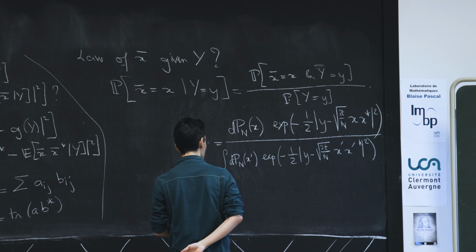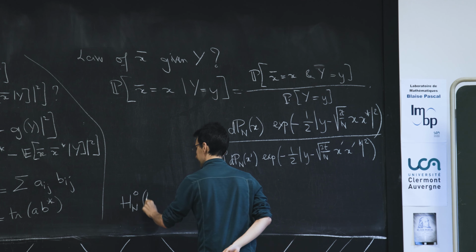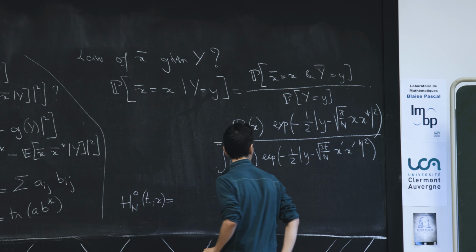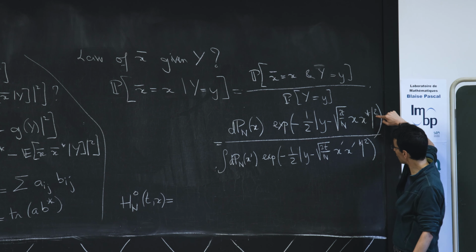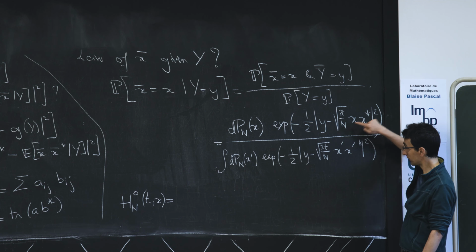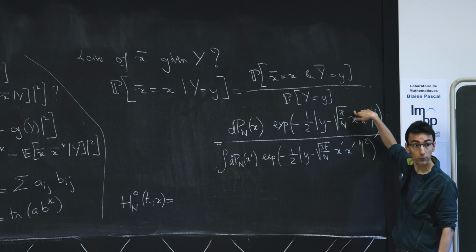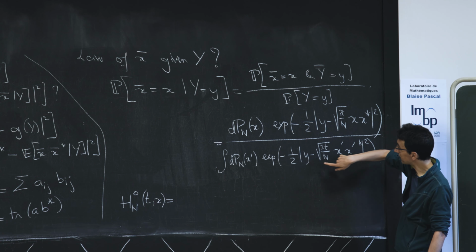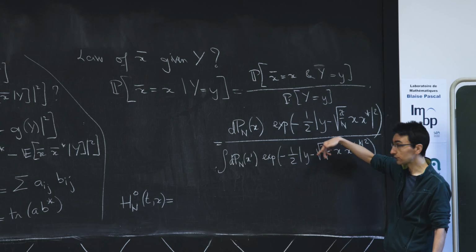So let me set up notation. Just to make my life a bit more agreeable, in this expression, imagine you expand the square here. So you have y squared minus the cross product plus this guy squared. And in the denominator, you also have this y squared. So if I like, I can just remove it.